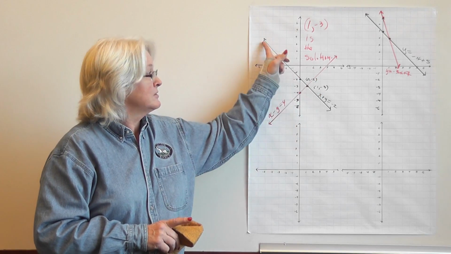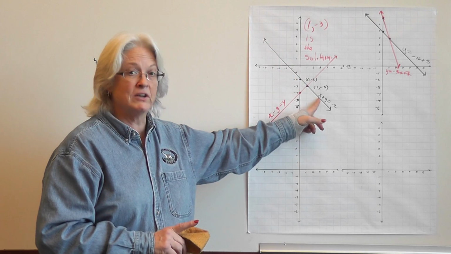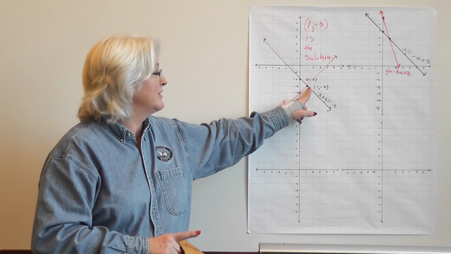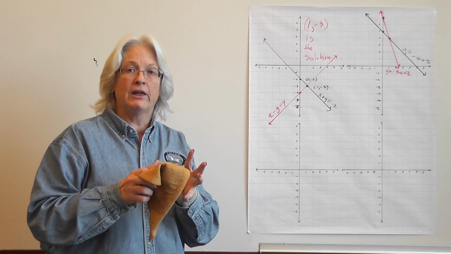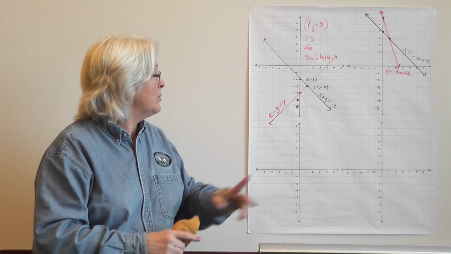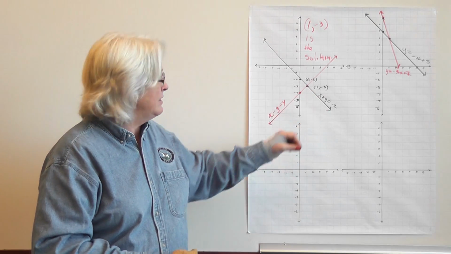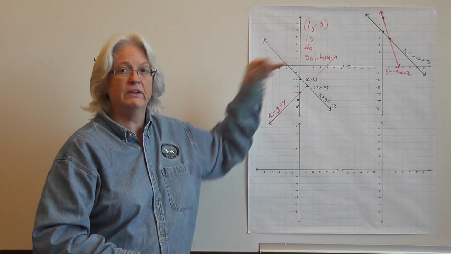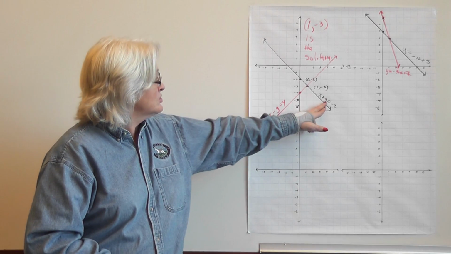Then we graphed each line separately, but on the same set of axes, and you could actually read off and identify the ordered pair that marked the point of intersection between those two lines. And then finally we took the point of intersection and we checked it in our original equations to make sure that they both work.